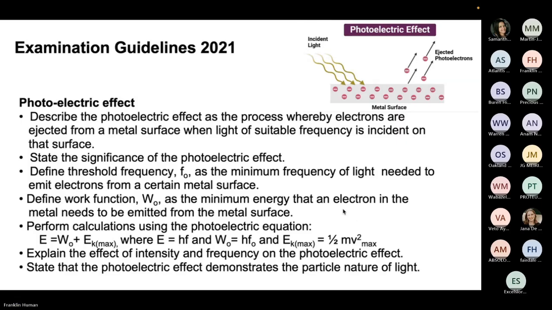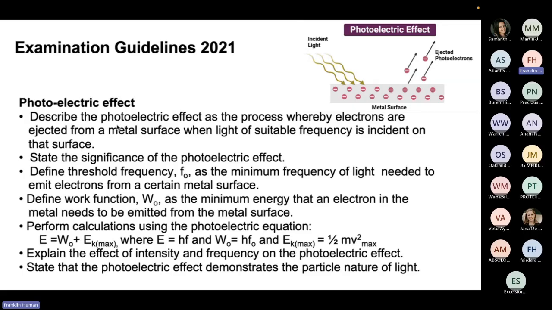So just to put it into perspective again, the first bullet point: describe the photoelectric effect as a process whereby electrons are ejected from a metal surface when light of suitable frequency is incident on that surface. I'll demonstrate that first bullet point.